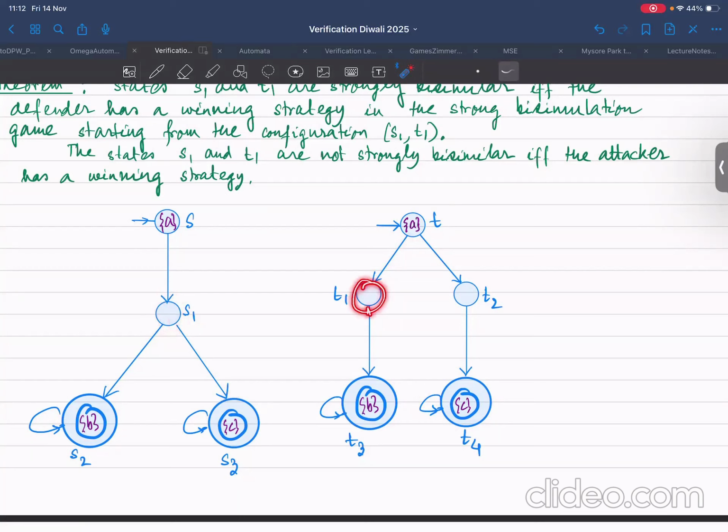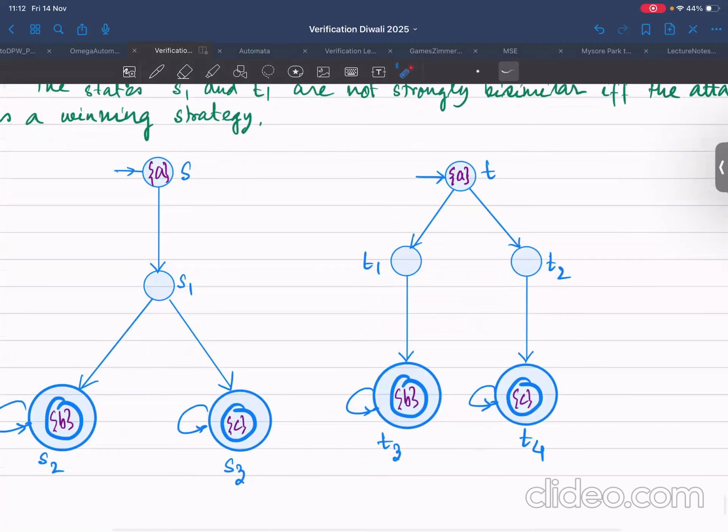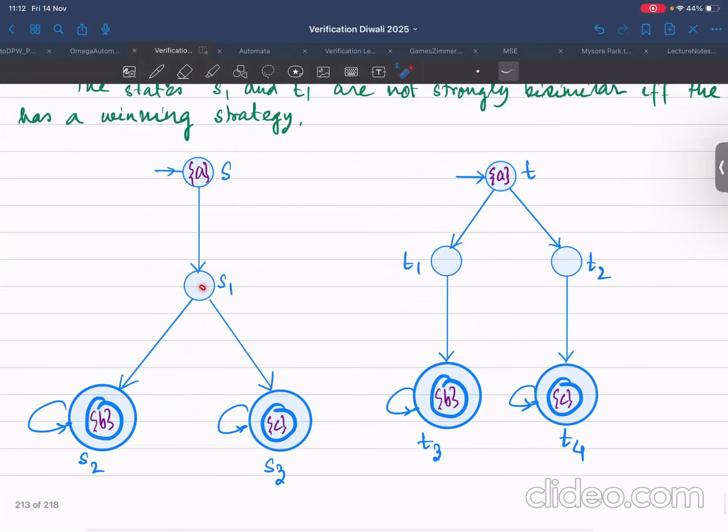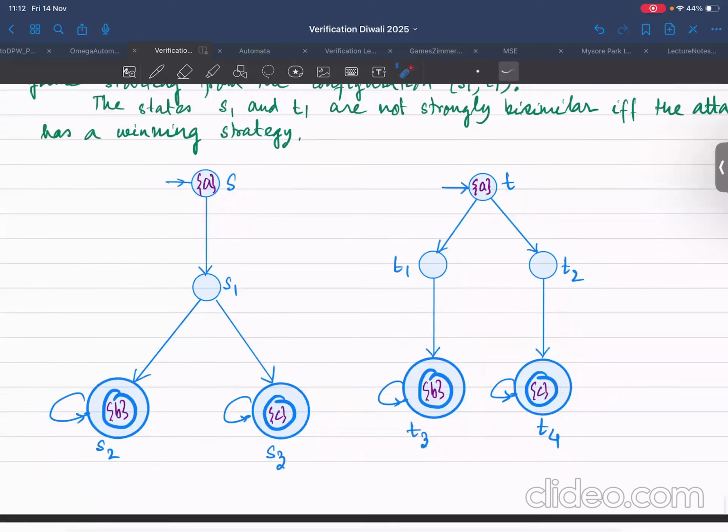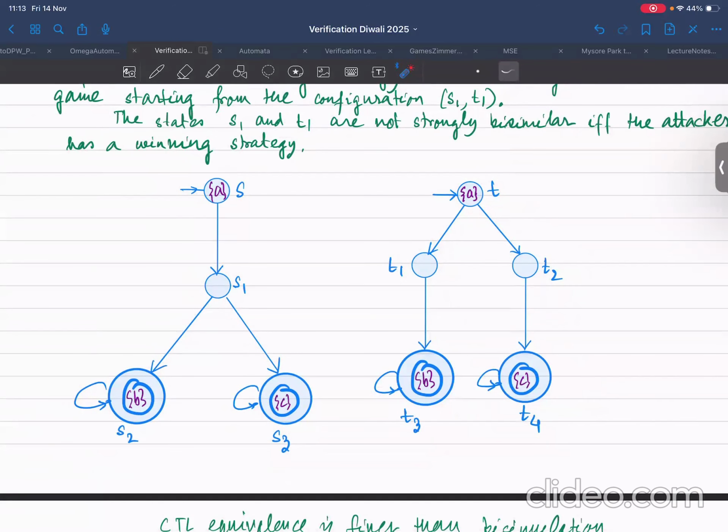But now the defender has only one successor, which is T3, which has B, right? If you see here, the atomic proposition here is C, here the atomic proposition is B. So no way, once the game evolves to S1, T1, the defender cannot respond to this particular move of the challenger, right? So you see here that in 2 rounds, the attacker, the challenger here wins.